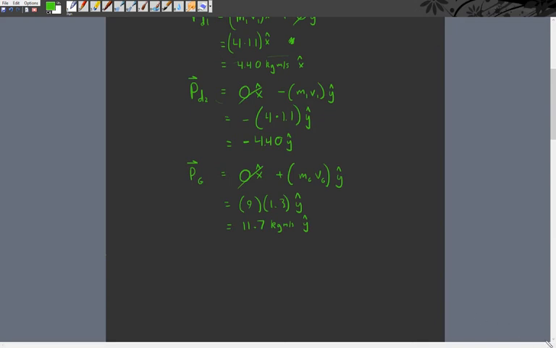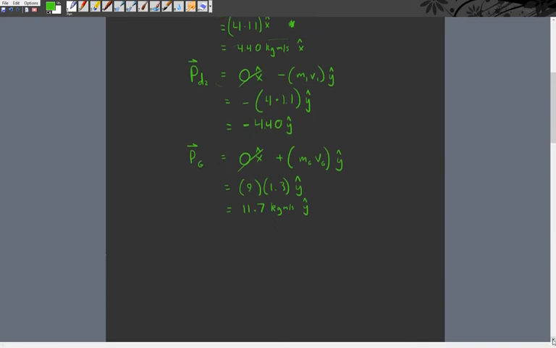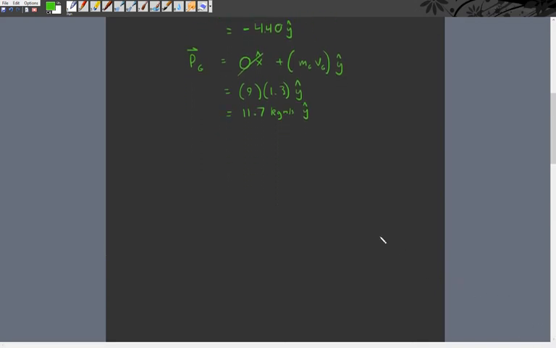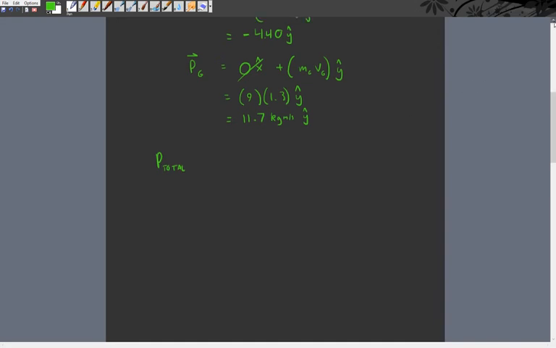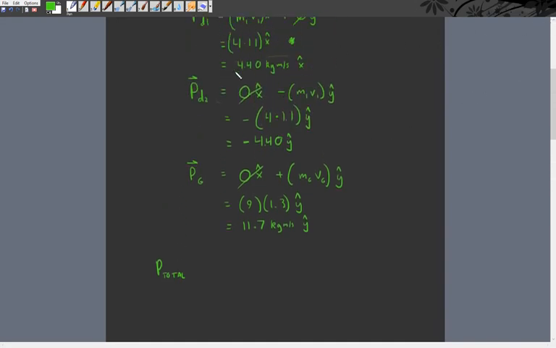Now comes the easy part. We're going to be finding the total momentum of the system. Now what we're not going to be doing is simply adding 4.40 plus negative 4.40 plus 11.7, okay? That would be an overall momentum of 11.7 kilogram meters per second, and that is definitely not correct.